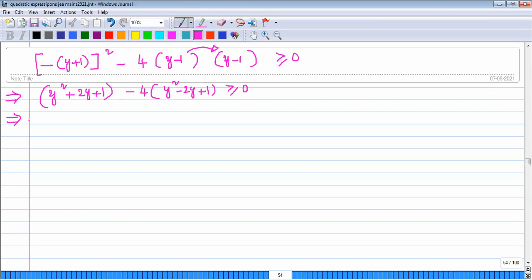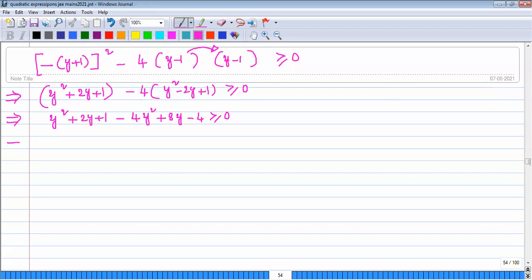Again, open the bracket: y square plus 2y plus 1 minus 4y square, plus 8y, minus 4, greater than or equal to 0.